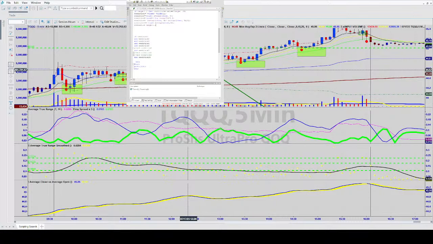$48.7 and the high is 48.87, 48.80. All right. I don't know if I can reference, can I reference VWAP with this?